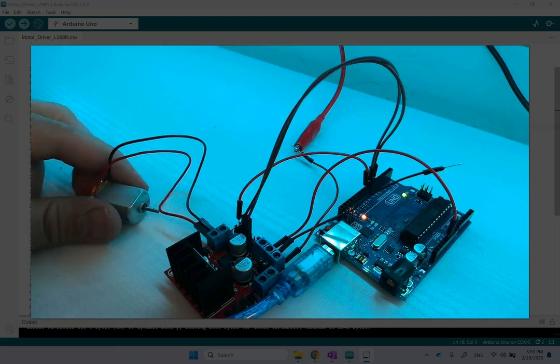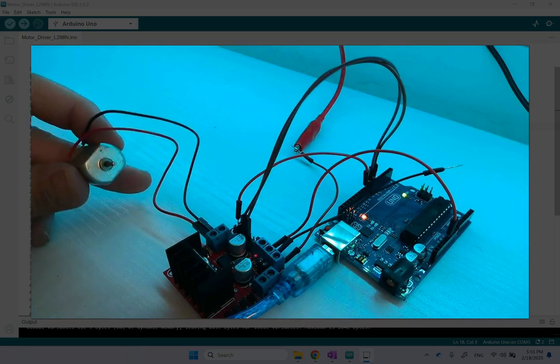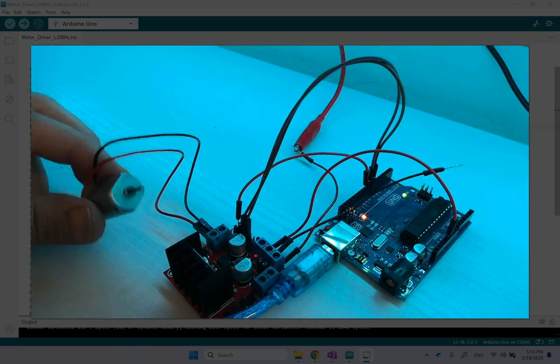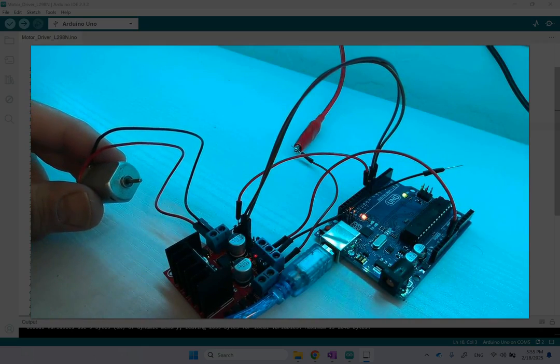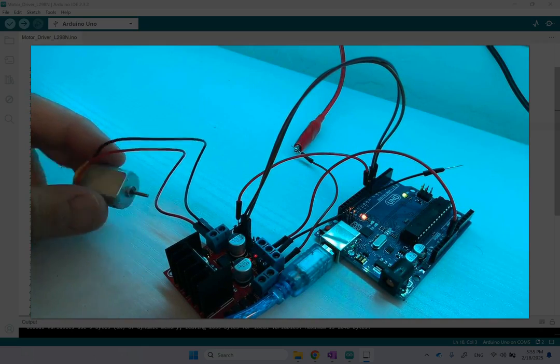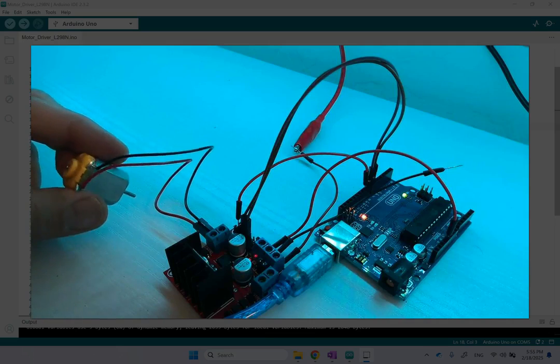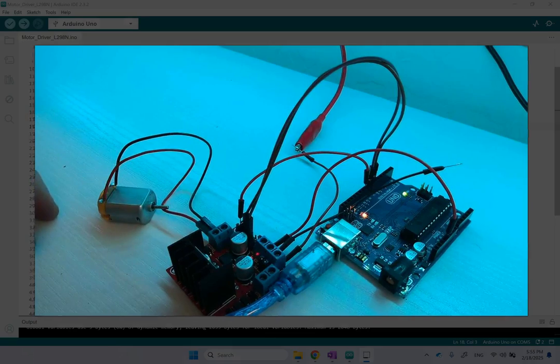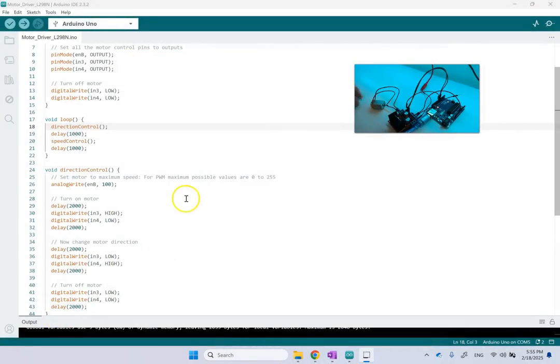And here I'm running it with 12 volts. These guys typically should not go as high as 12 volts. It's better to run these at like 9 volts or 6 volts or something. Typically, these are at max at 6. So I guess I'm really putting too much pressure on this, and it's not a good idea. Okay, I just wanted you to see better because I put a big load on it.